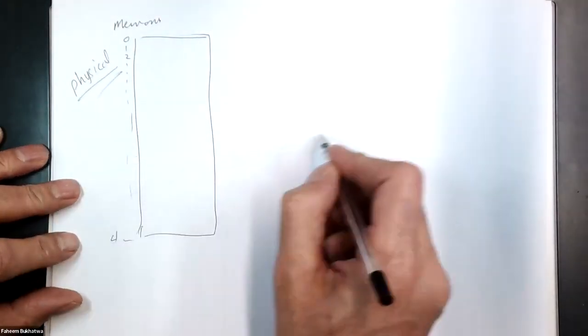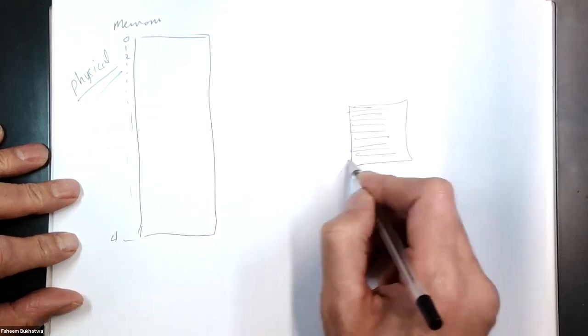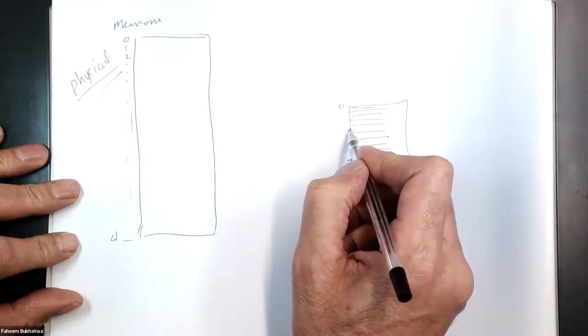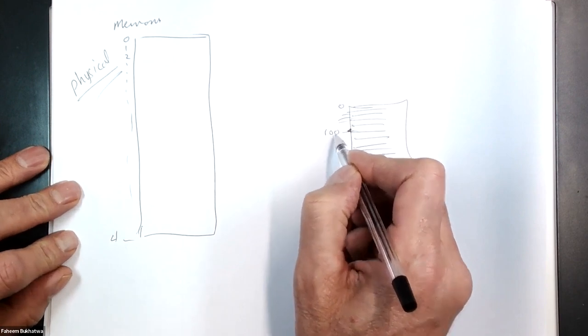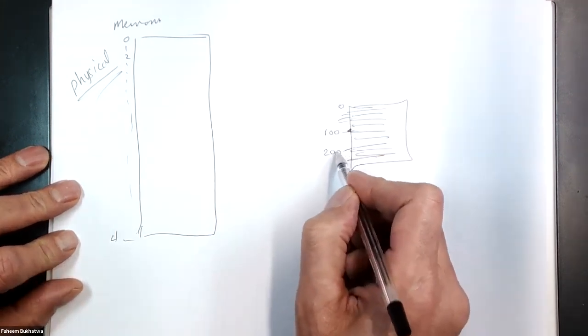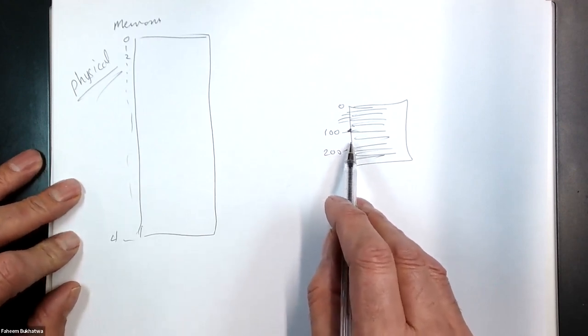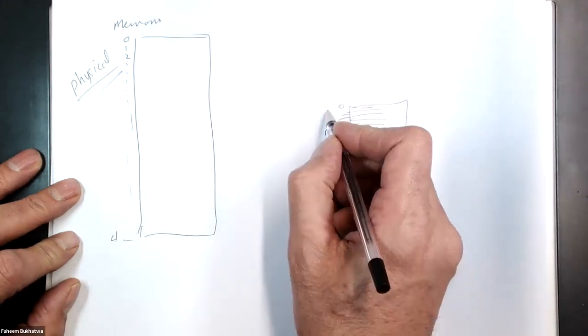When you write a program, the code starts from the starting of the program, 0. If I say go to location 100, they call this relative address, relative to the start of the program.